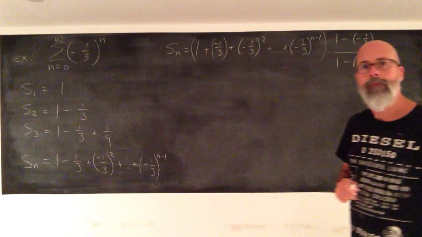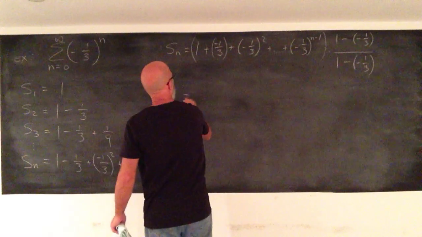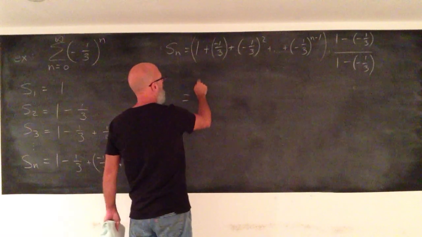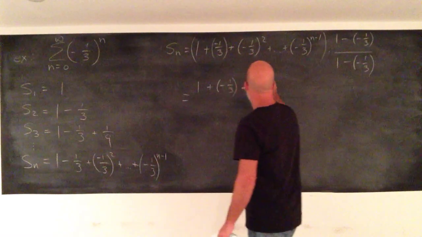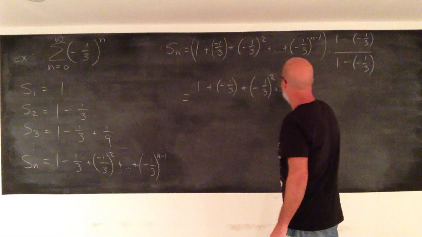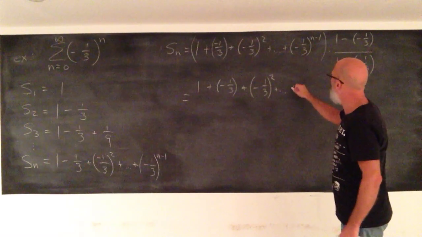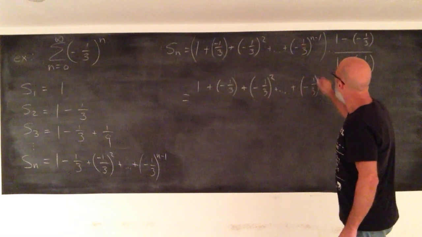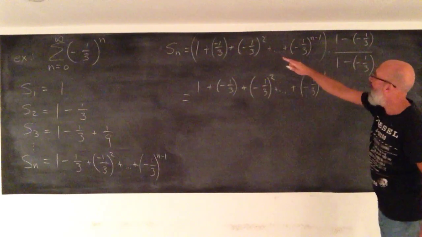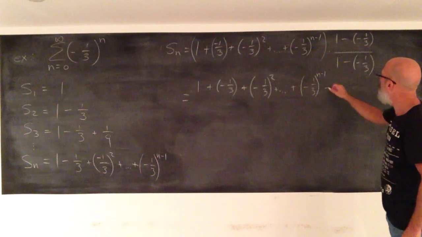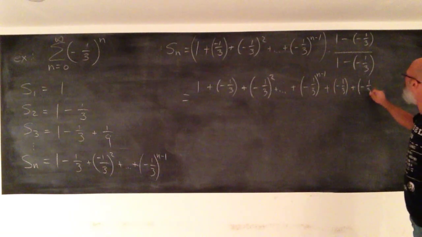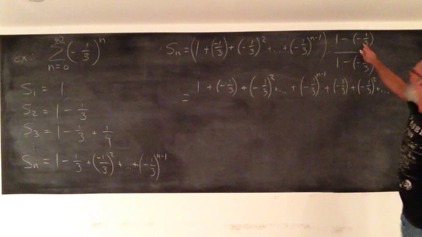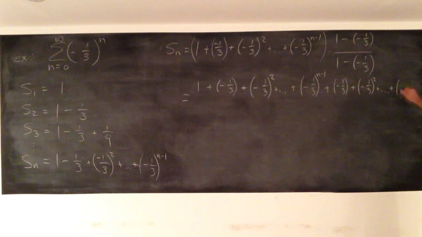Observe what happens here. If we multiply every term by 1, and so on, all the way to, and then multiply by negative 1/3, so plus negative 1/3 plus negative 1/3 squared, all the way to negative 1/3 to the n.